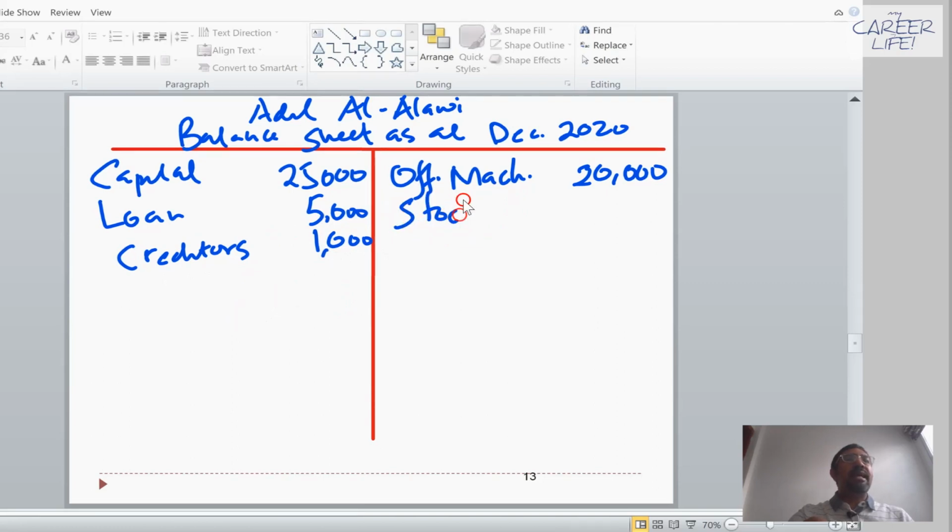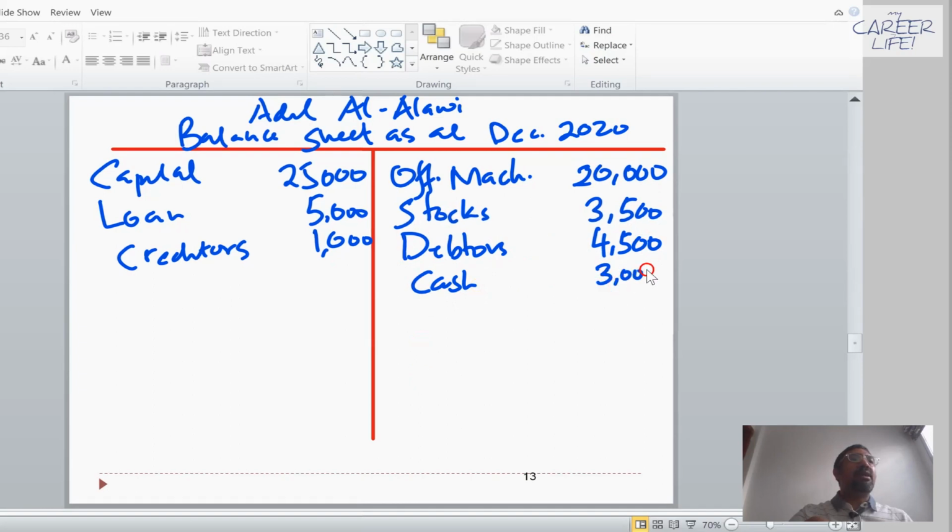So we write there stocks, and these stocks were worth 3,500. Remember, these are our assets now, current assets. Then apart from the stocks, he also had debtors, worth 4,500. And the last item, he had cash at the bank worth 3,000.